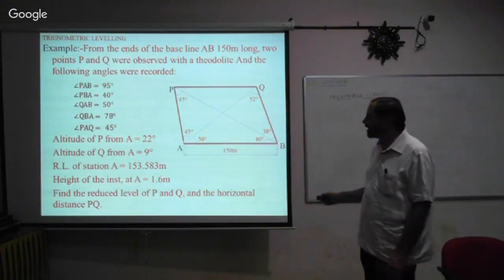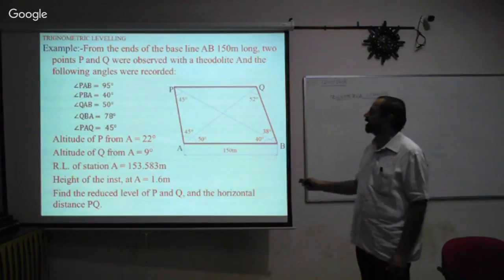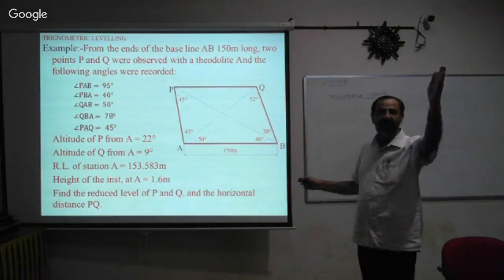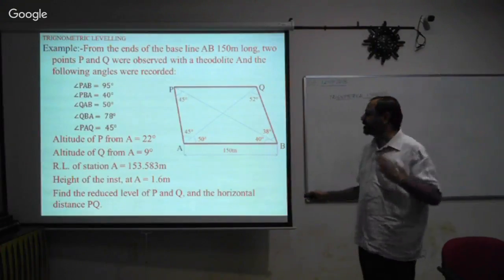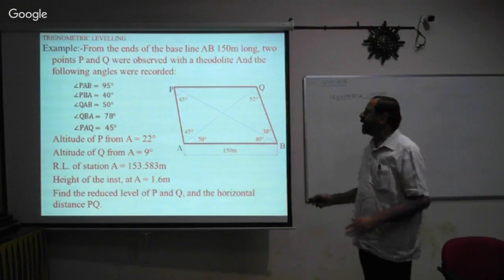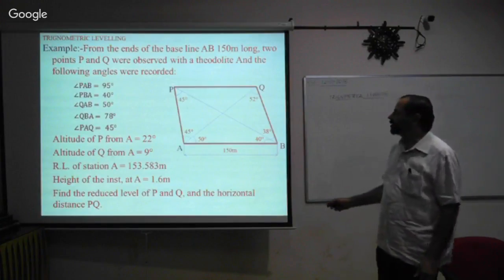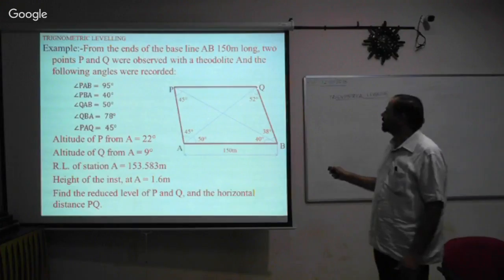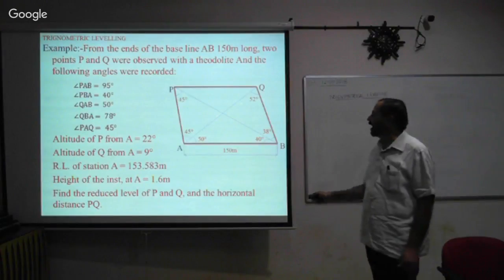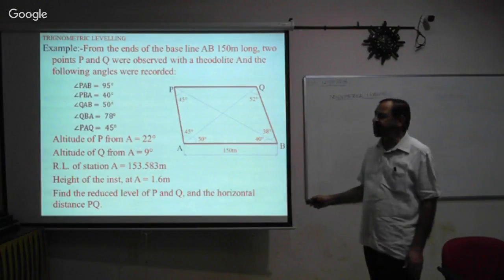That is from station A, they have measured the elevated object. It is the object elevated, isn't it? Elevated object, that is vertical angle. From station A, it is vertical angle measured to P, isn't it? And similarly, altitude of Q, that is object Q, the vertical angle is measured from A, that is 9 degree, isn't it?